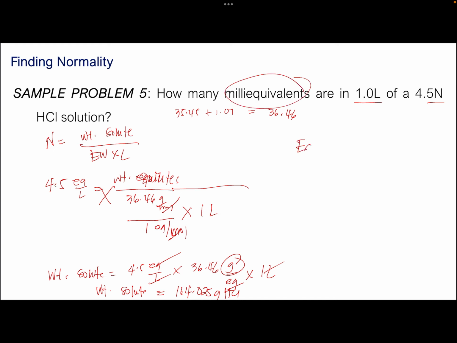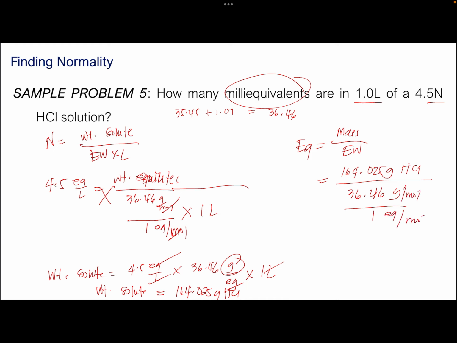The question asks for milliequivalents. So again, to solve the equivalents, we will use the formula mass divide EW. So we have the mass 164.025 gram of HCl over EW 36.46 gram divide 1 equivalents per mole. Cancel out the mole, and then cancel out the gram.